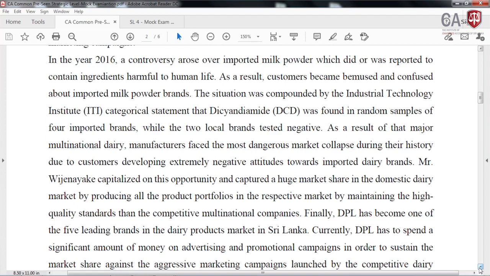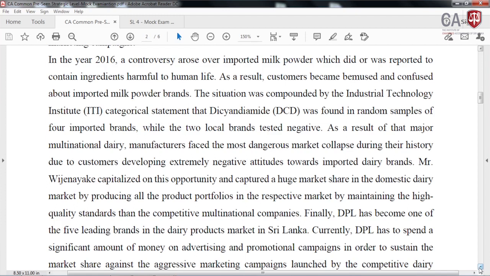Now, this was an opportunity for this organization. Finally, DPL has become one of the 5 leading brands in the dairy product market in Sri Lanka. Now they are one of the leading brands in Sri Lanka.